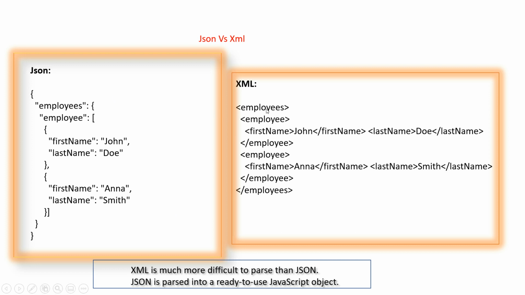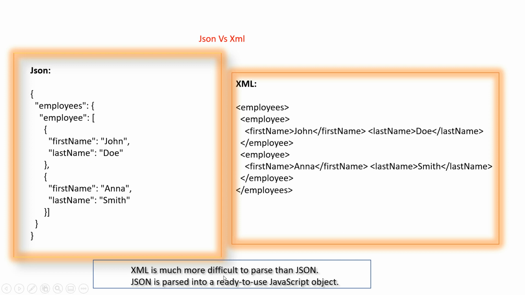Employees contains an array of employee, so you can see the employee node repeating. Each employee contains first name and last name. The second employee also contains first name and last name.